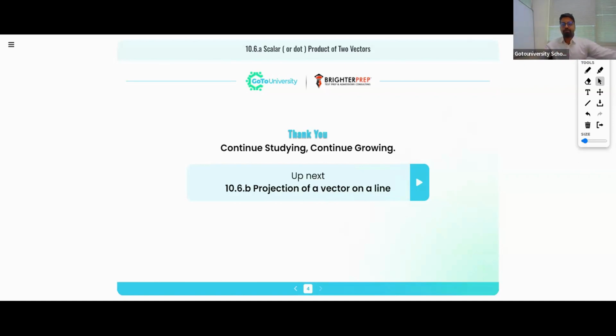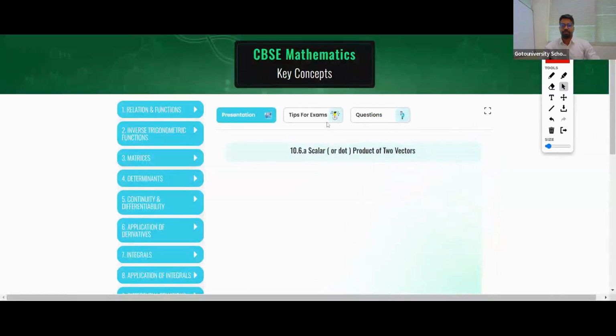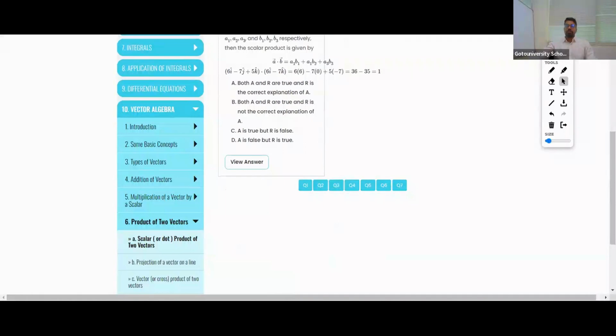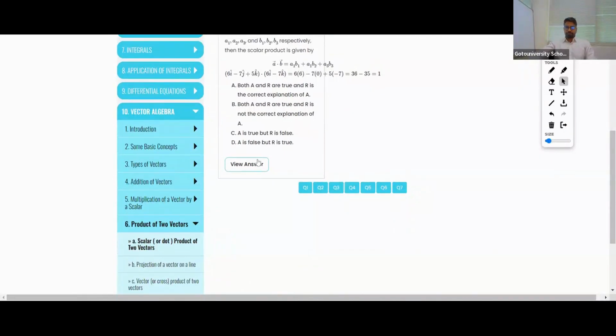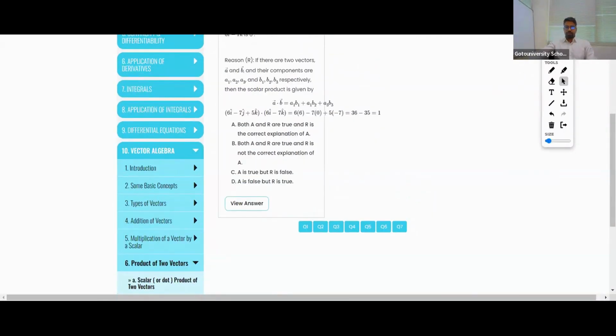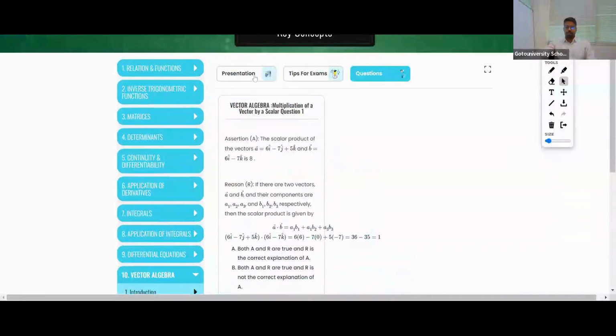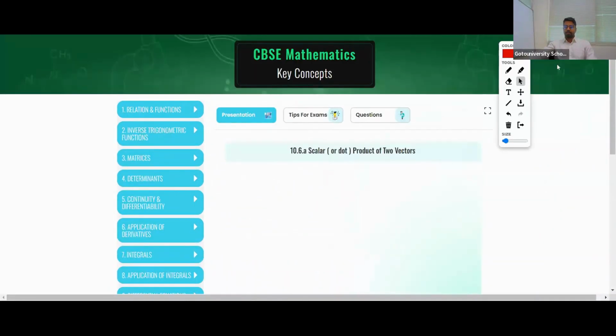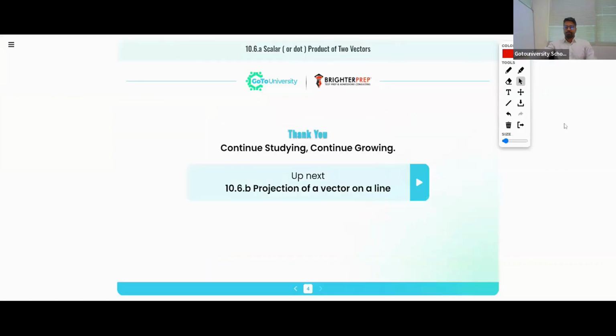Let's see some examples to understand the dot product of vectors clearly with solved questions. Before going to the questions, I can show you how to multiply when the vector components are given.